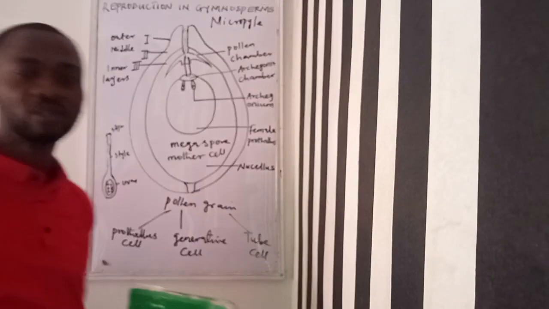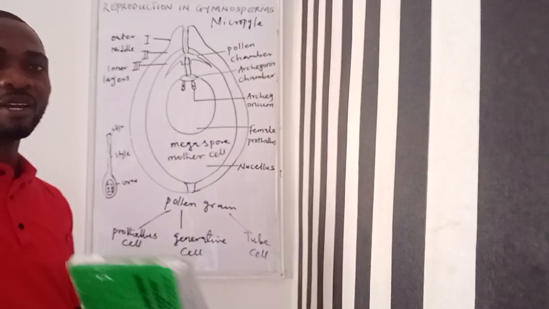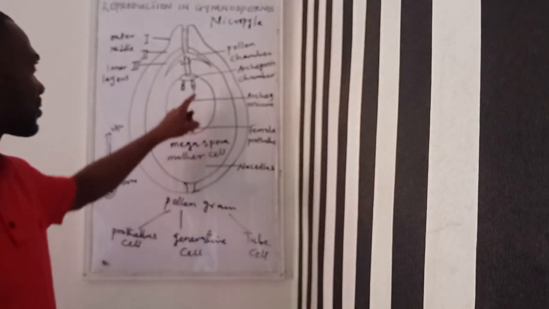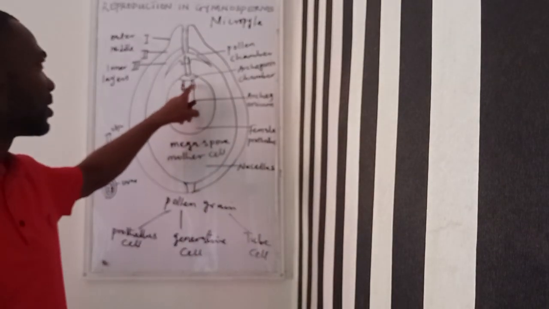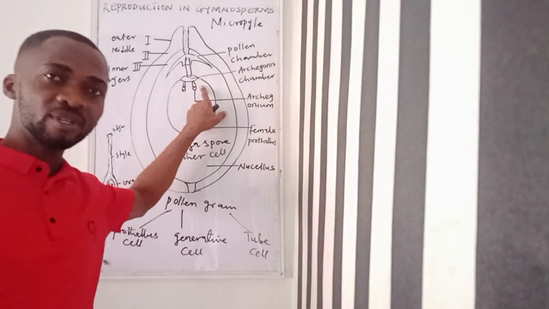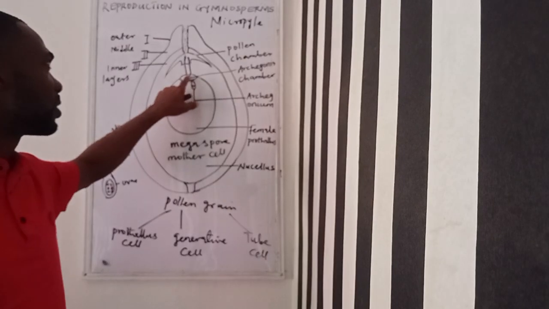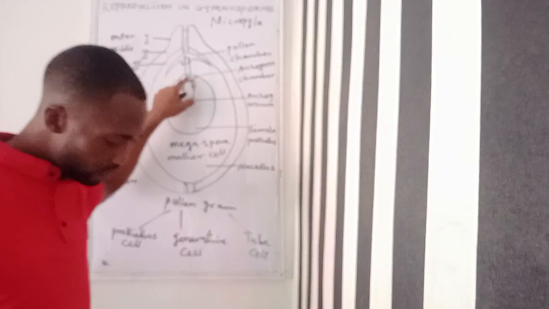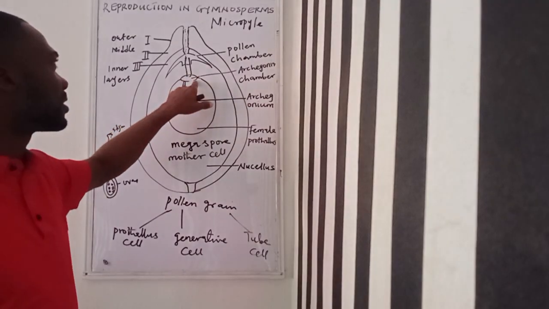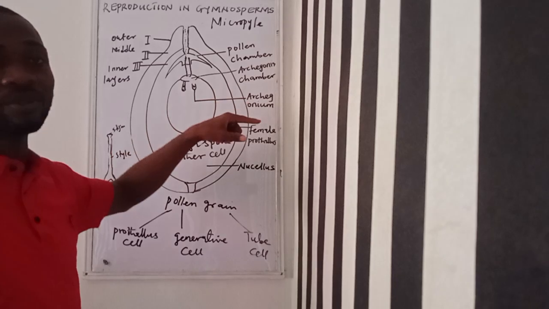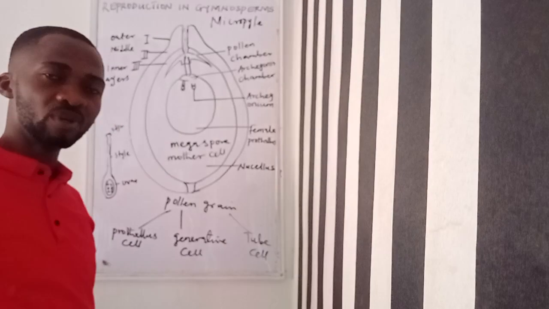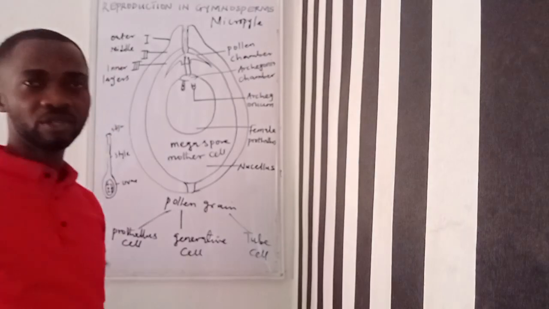What is it looking for in the archegonial chamber? The egg. It breaks through the archegonial chamber and, of course, gets into the archegonia. Don't forget that the egg cell is located within the archegonia. So once it breaks through the archegonial chamber, it gains access to the archegonium, and by extension the egg within the archegonium.